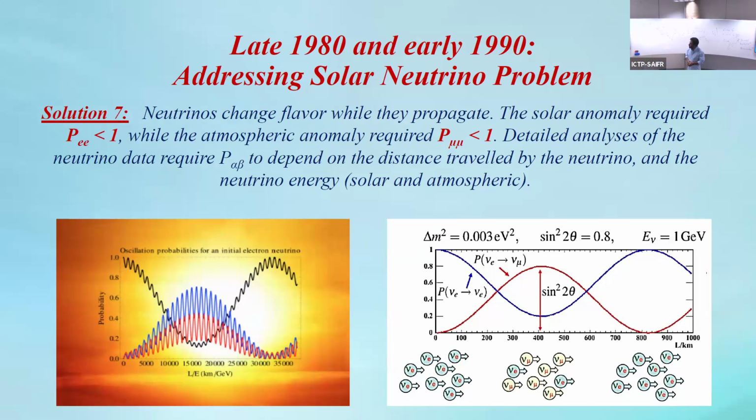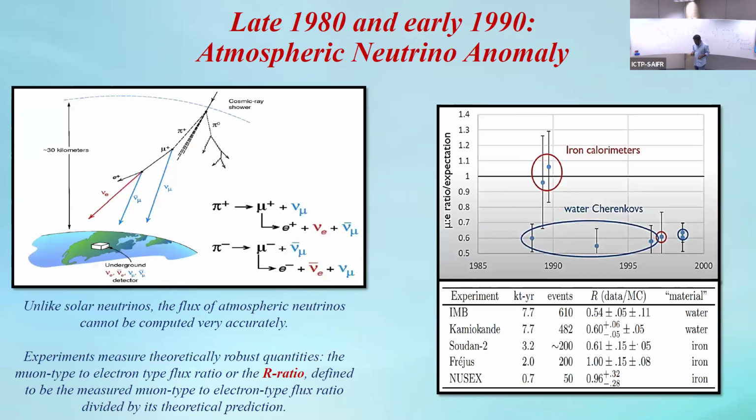Of course, the other solution was that neutrinos change flavor while they propagate, and the solar anomaly required the survival probability of electron neutrino to be less than 1, while I'll talk about the atmospheric anomaly also, which required the muon neutrino survival probability to be less than 1. So this was quite a consistent picture, that oscillation could explain this type of phenomena. But later we realized that MSW and other things you need to take into account.